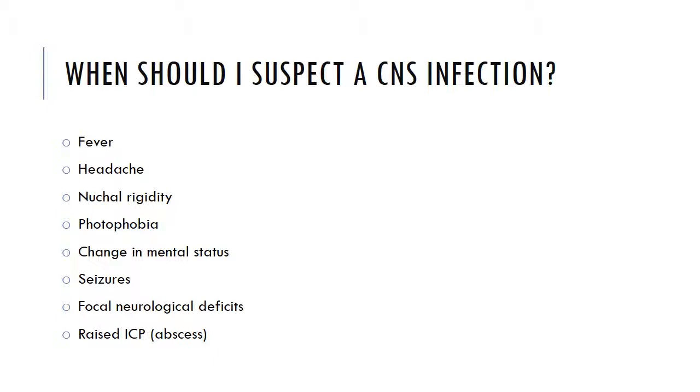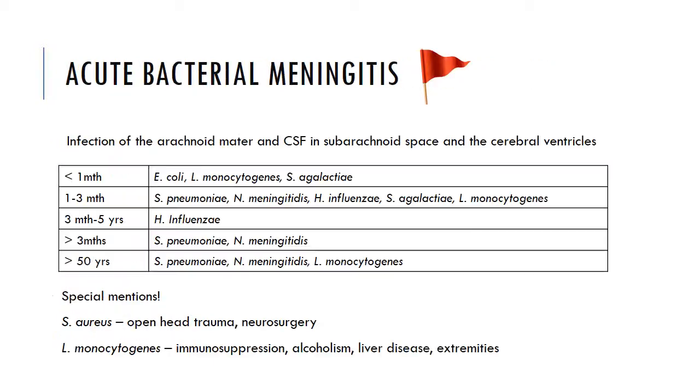So in order for someone to have a CNS infection, they don't necessarily have to have all of these symptoms, but any combination of these should raise some flags, and you should be wary that this person might have a CNS infection of some description.